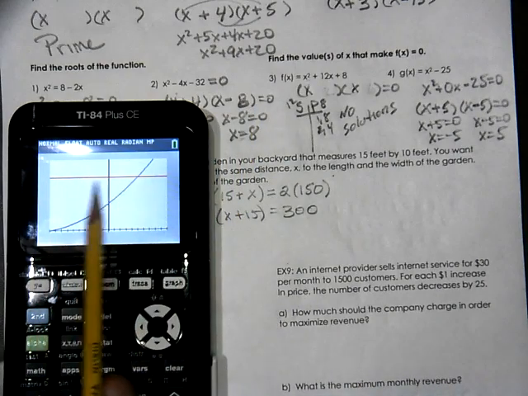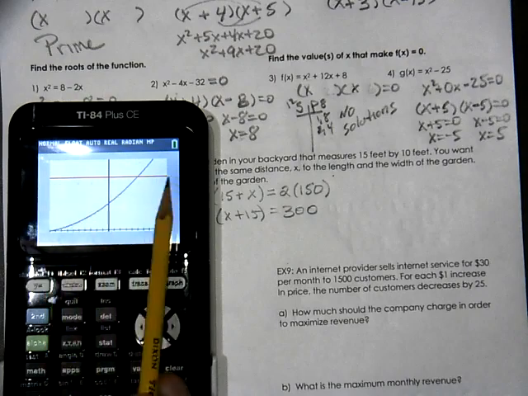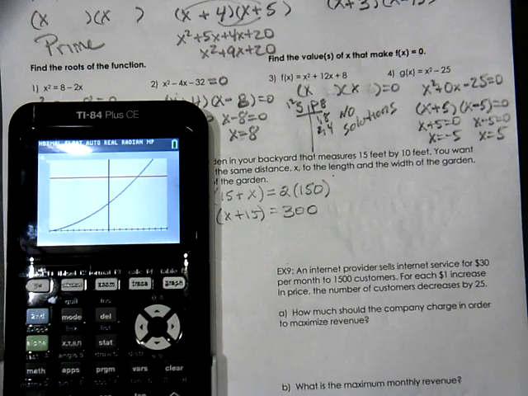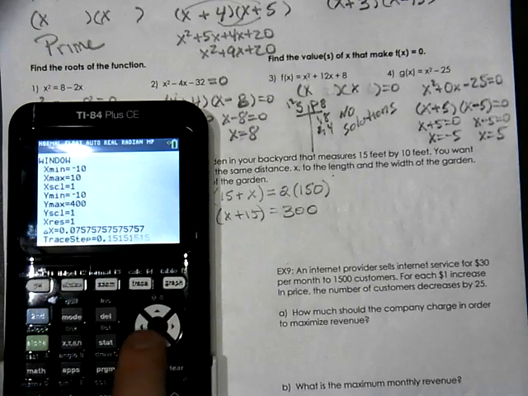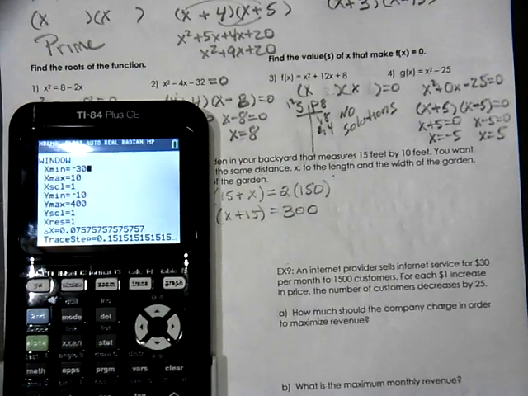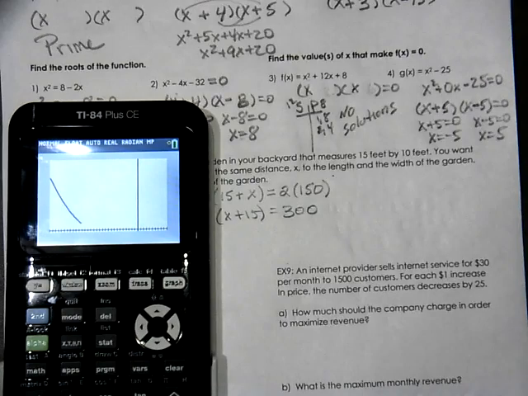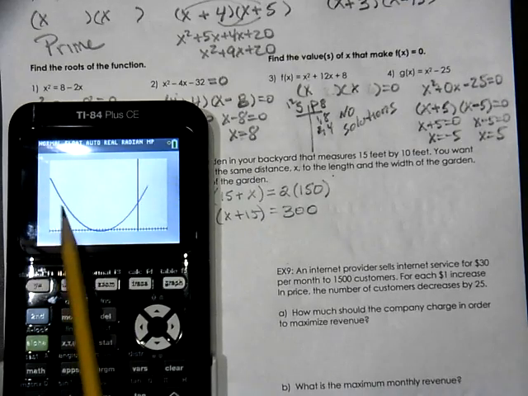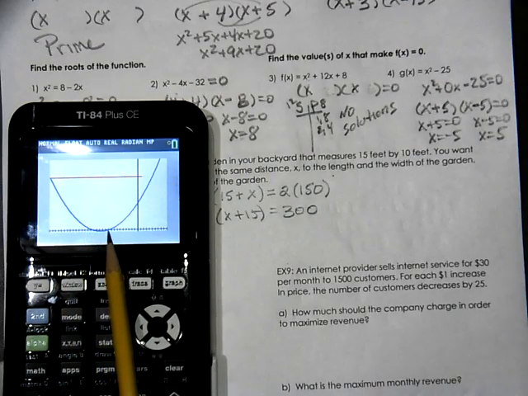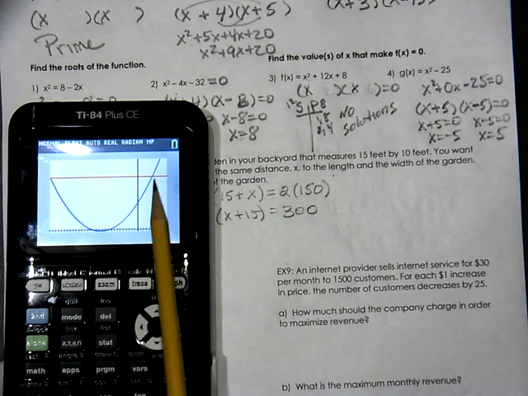And we have this line over here at 300. Let me show you. If we took our x minimum way out to -30, you would see the rest of the parabola. It crosses here at -15, it crosses here at -10, and this is the portion we were seeing earlier.